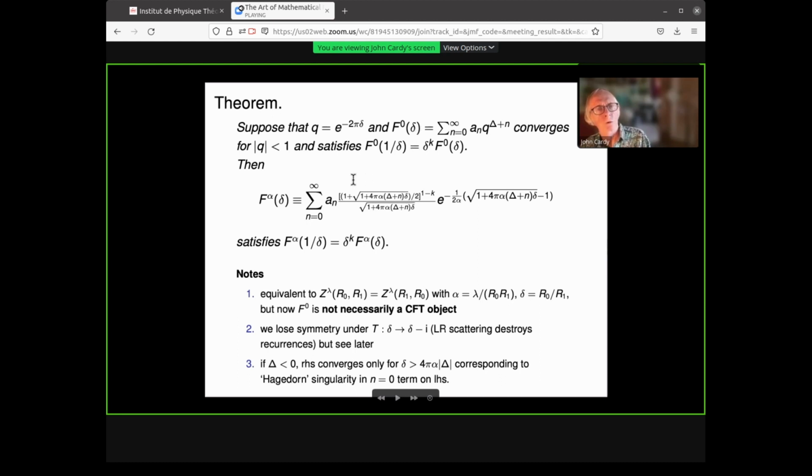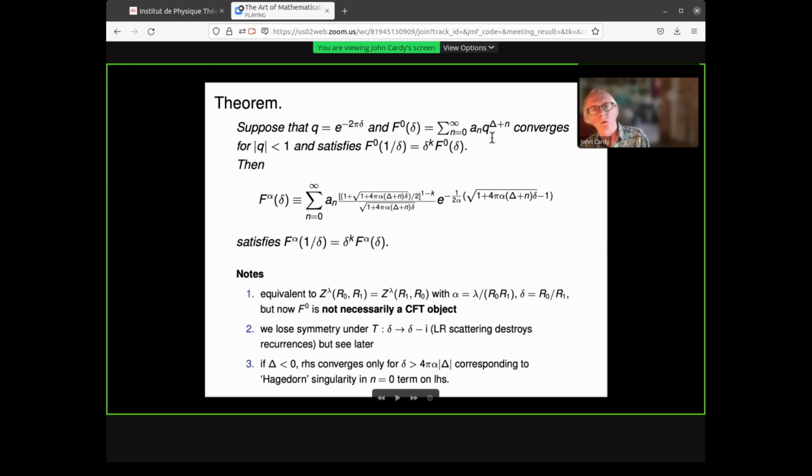Then if you define the deformation like this, it continues to preserve this symmetry here. So the main thing here is that the exponent here gets replaced by all these square roots.